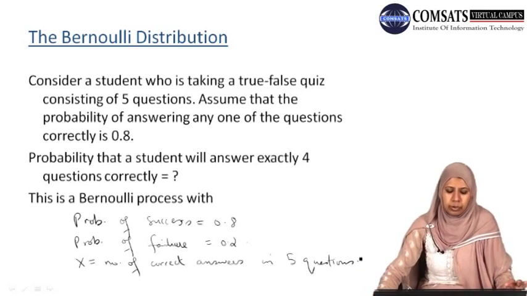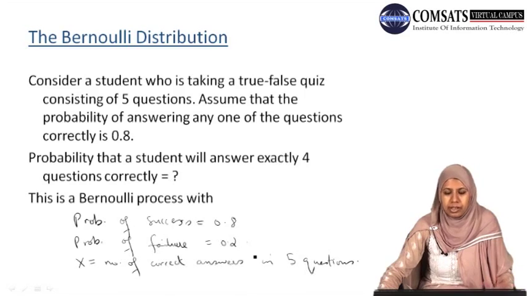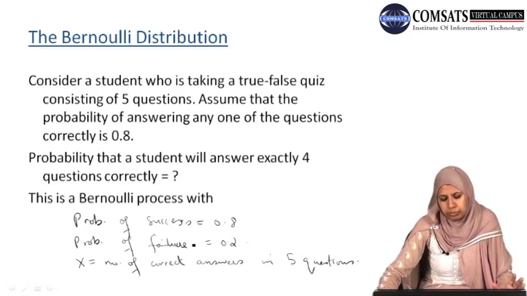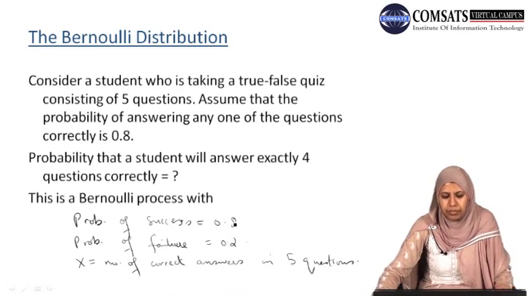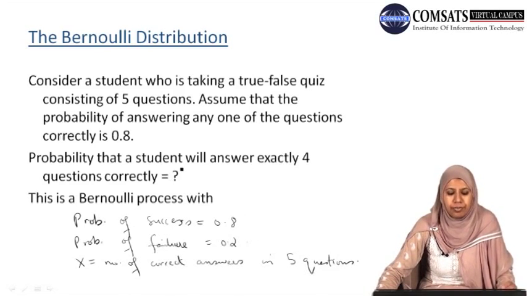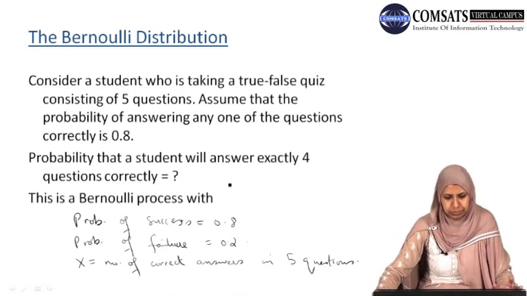So the probability that we obtain a success, that a student has answered a question correctly, is 0.8, and the probability of failure, that the answer of the student is false, is 0.2. And we want to find the probability that a student will answer exactly 4 questions correctly.